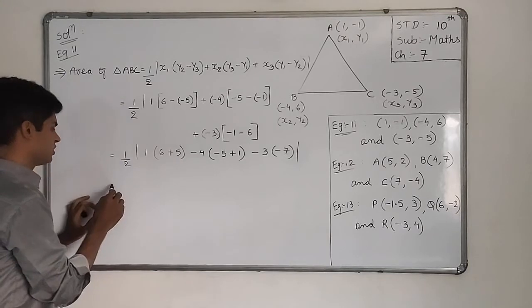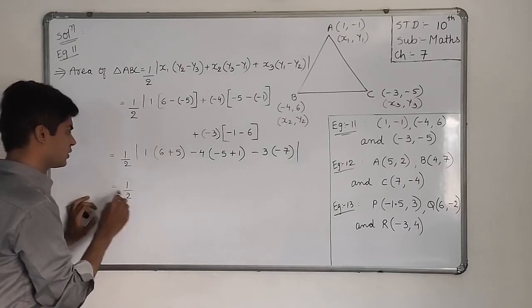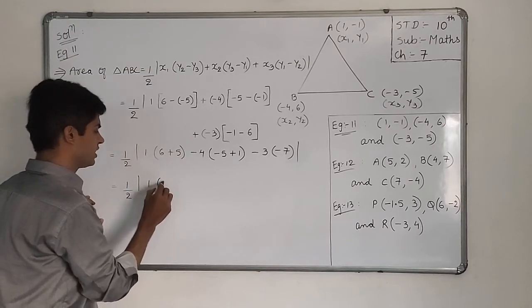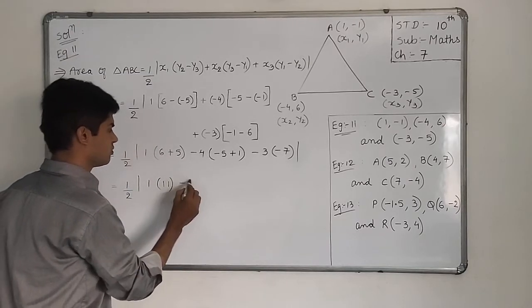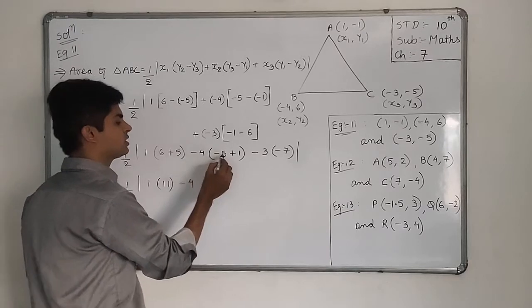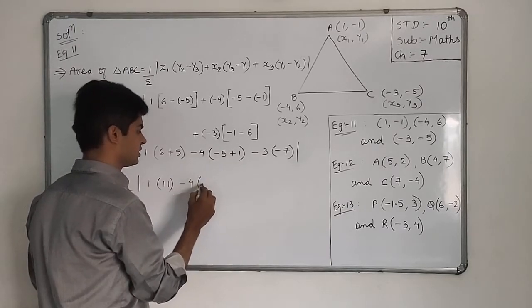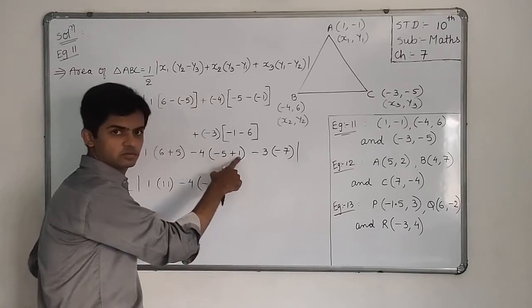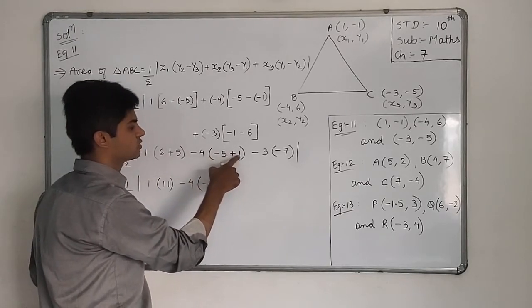Okay. Now let us solve this. 1 by 2. 1 into 6 plus 5, it will be 11. Minus 4 into minus 5 plus 6, that is minus 5 plus 1, minus 5 plus 1.